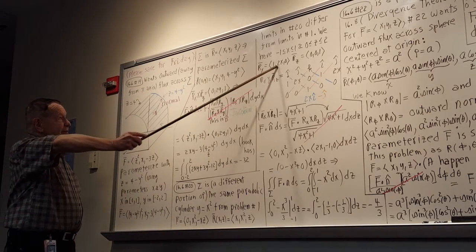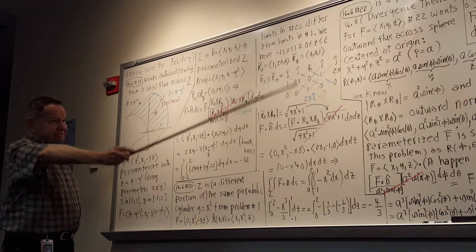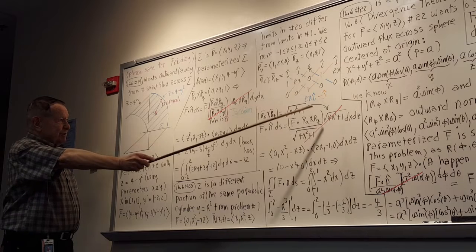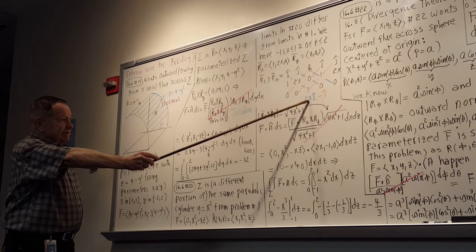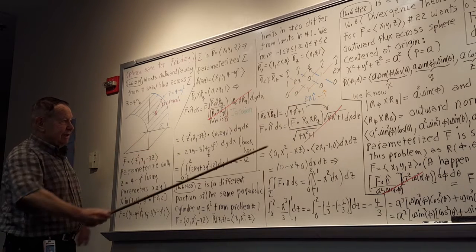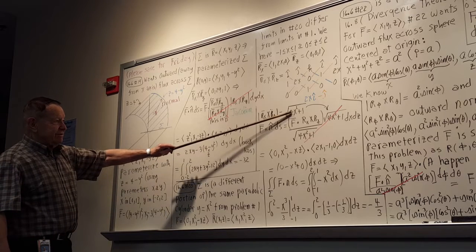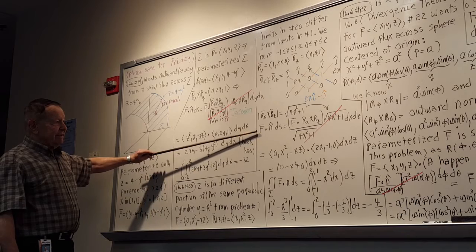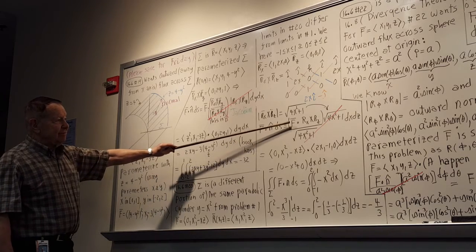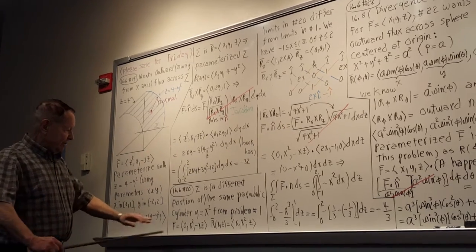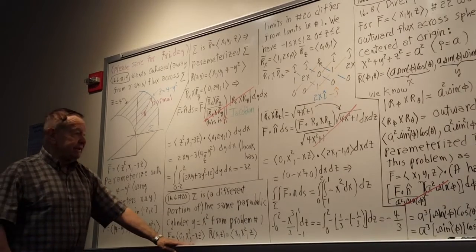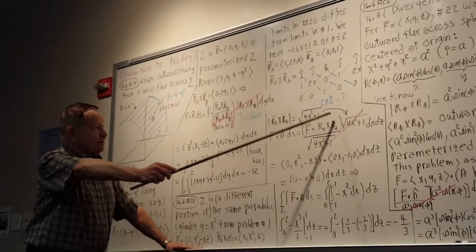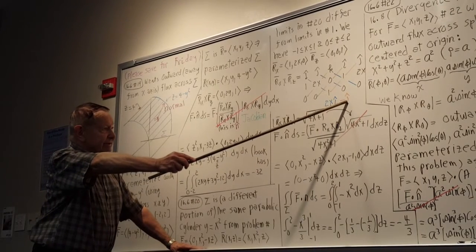So, do your R sub x and R sub z as we did down there, and here's the same cross product, which is 2xi minus j, and then the magnitude. So now with your flux integral, your F dot N will be the F, which is this field down here, dotted with the cross product, which is this vector right here.